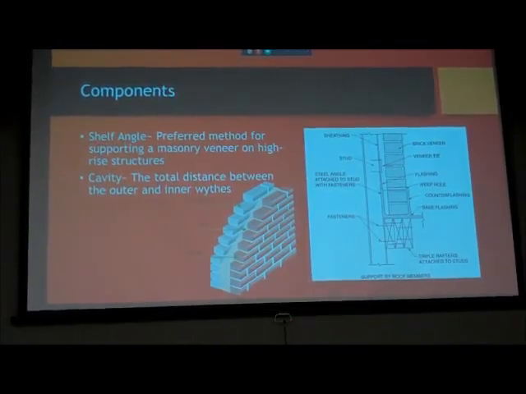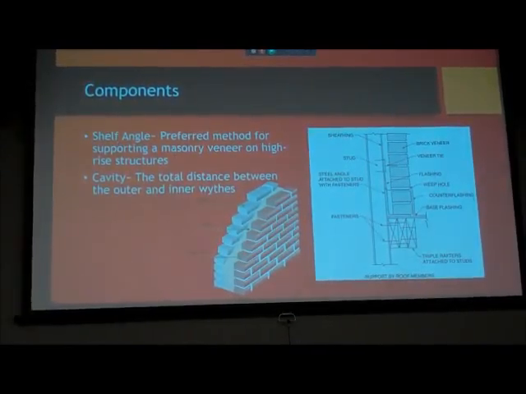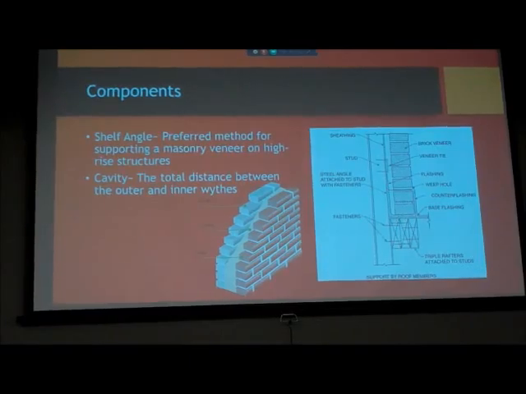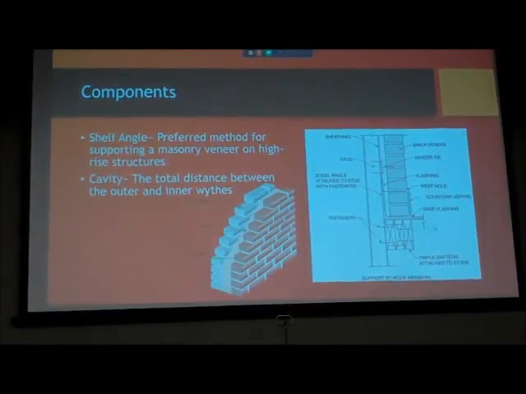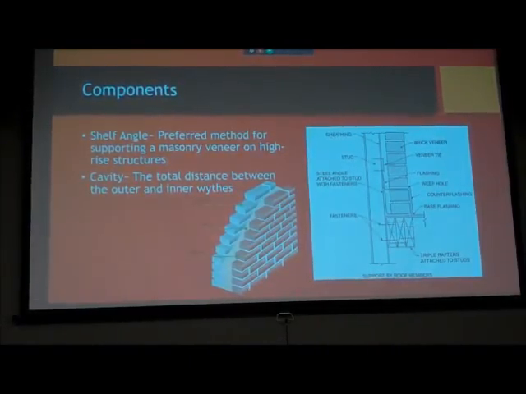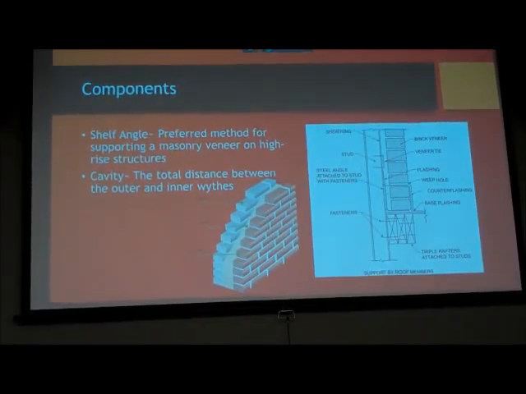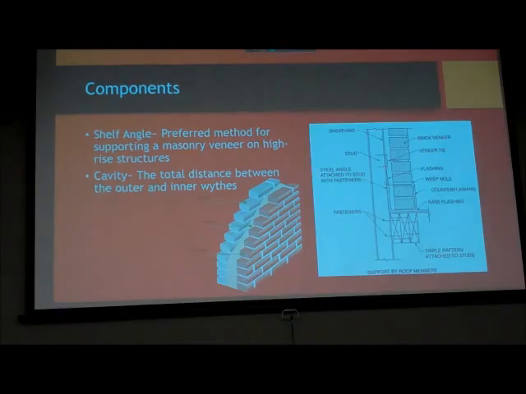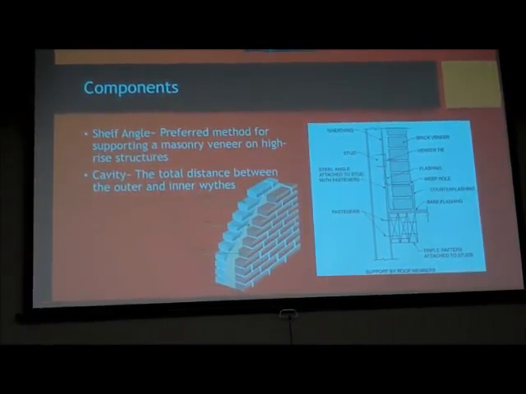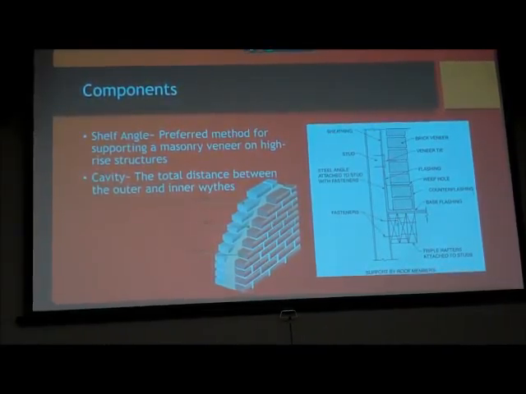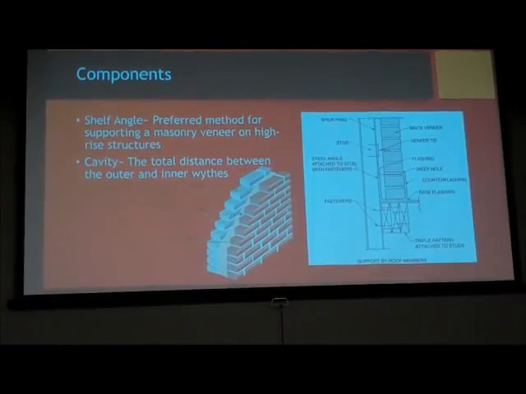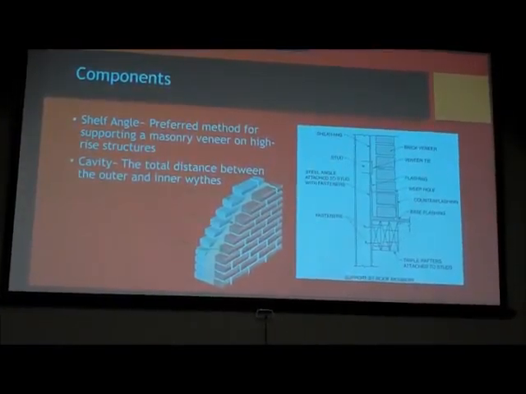The first thing is a shelf angle, which is the preferred method above any of the floors that are not on a foundation. So this right here is the shelf angle, which is normally a steel angle, and they're fastened with different fasteners.